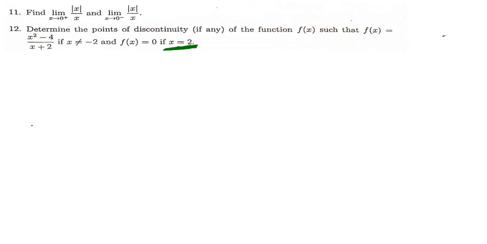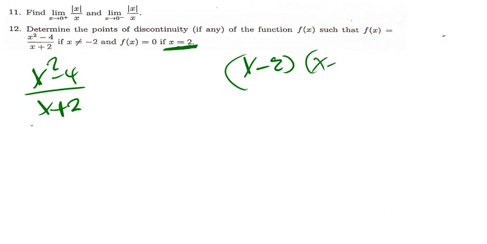Okay, so what I'm going to do here is x squared minus 4 divided by this. I know that on top there, I'm going to have what? It's a difference of two squares, so it's the same as x minus 2 times x plus 2.